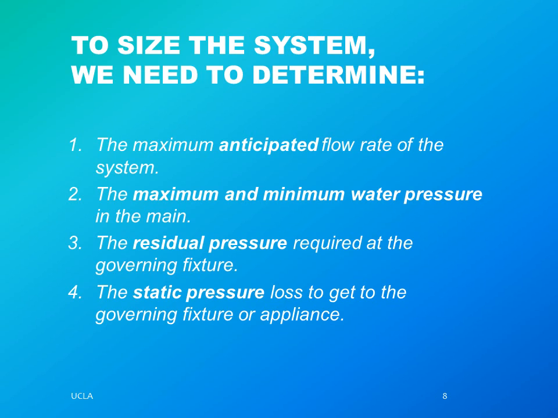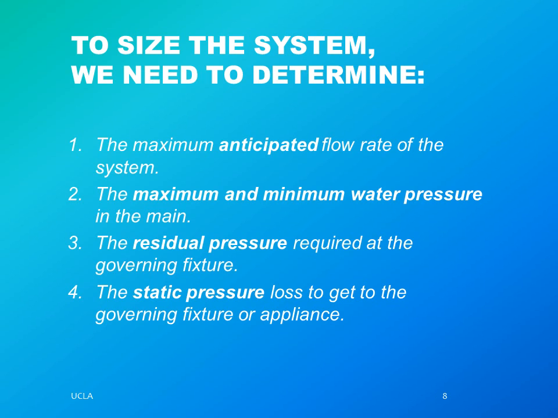To size a system, we need a few things at a minimum. We need the maximum anticipated flow rate of the system. Of course, we can't design all the piping systems for every fixture running simultaneously and every bit of equipment running simultaneously. The pipes would be huge. There's no way that's ever going to happen in a conventional building, and it's just not appropriate.